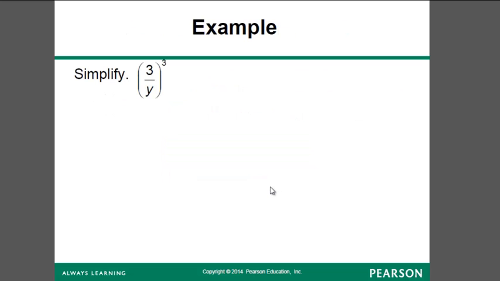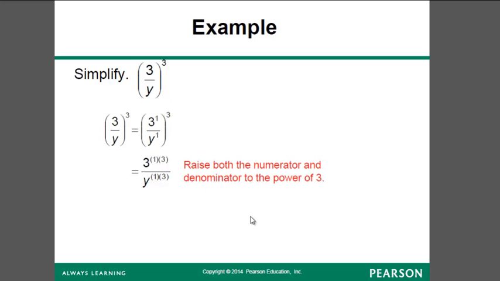So for example, this says simplify the quotient of 3 and y raised to the third power. What I'm going to do is first look at these and say this is 3 to the first power and y to the first power. Then I'm going to raise both the numerator and the denominator to the power of 3.